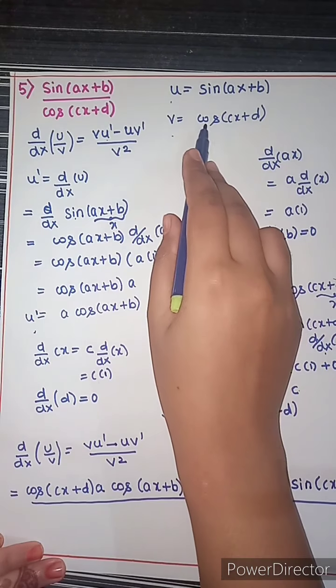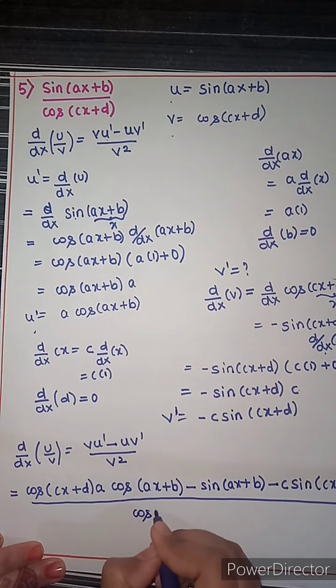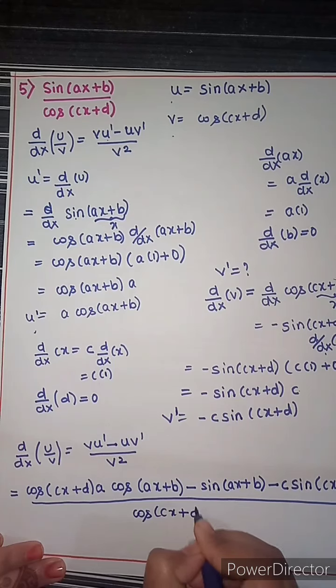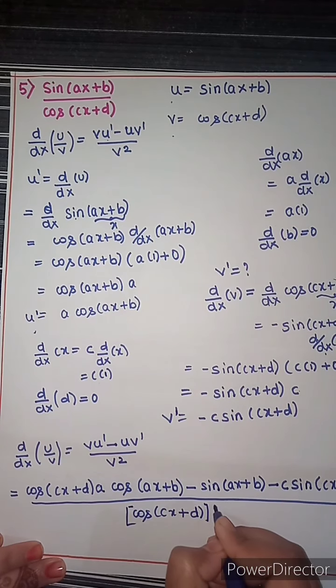V square is cos of cx plus d whole square.